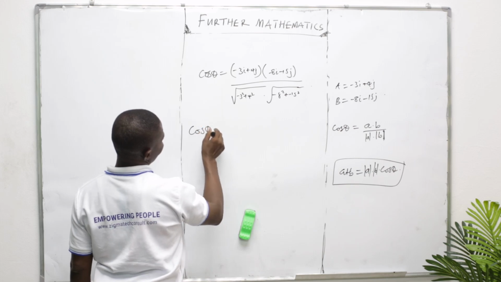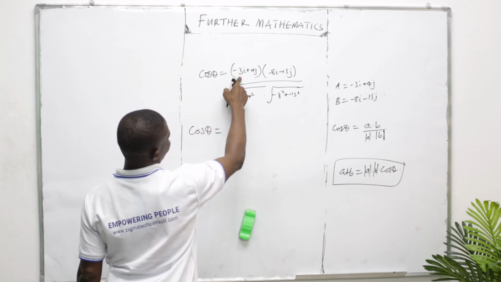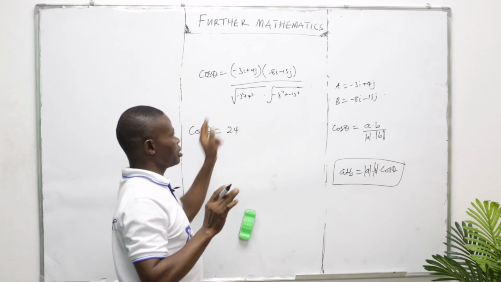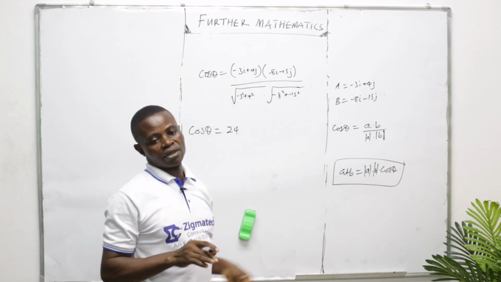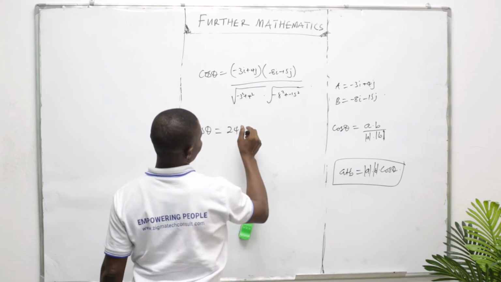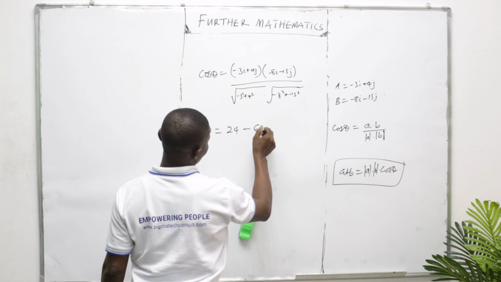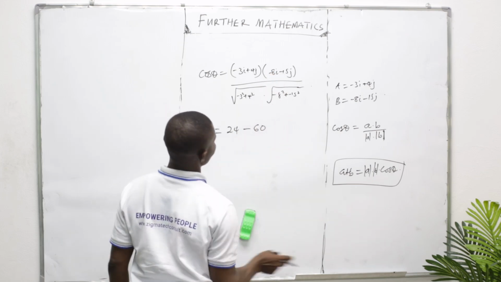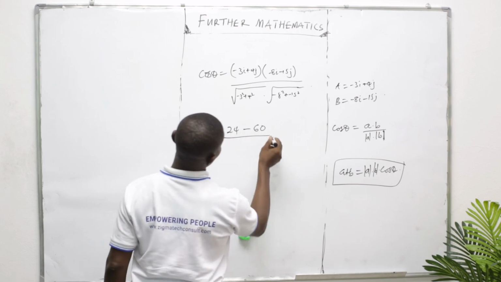Cos theta equals 3 times 8, 24. You are not writing the i and j's. We are interested in the solution only. So 4 times this minus 60. 4 times 5 is 20, carry 2, that's 60. Okay.